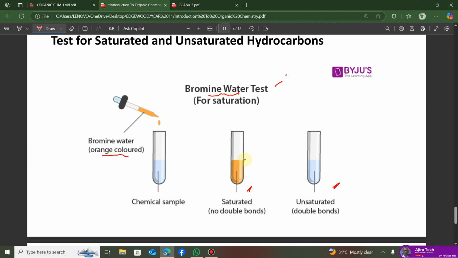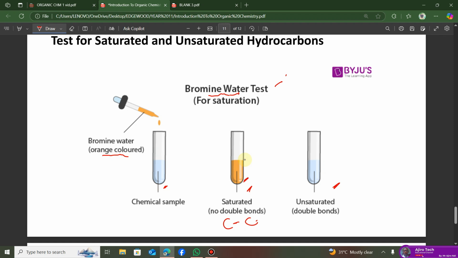What we have here is the chemical sample you're trying to test. All you need to do is to add 3 drops of bromine water. When you add drops of bromine water into a saturated hydrocarbon, remember saturated hydrocarbons contain carbon-carbon single bonds. You see that the color stays orange.